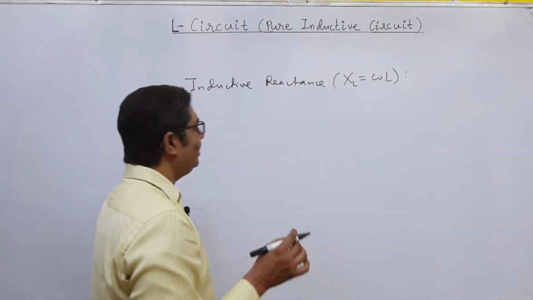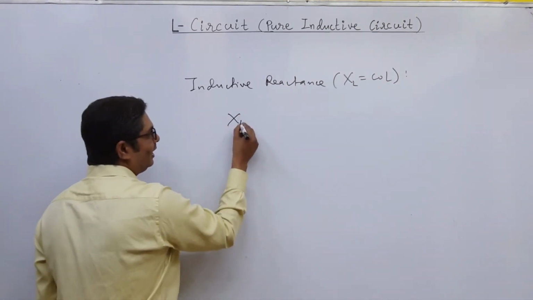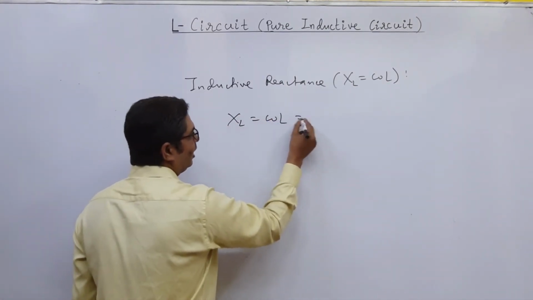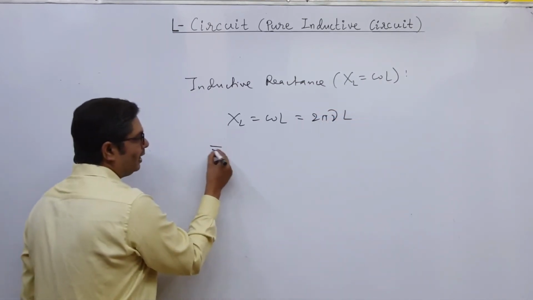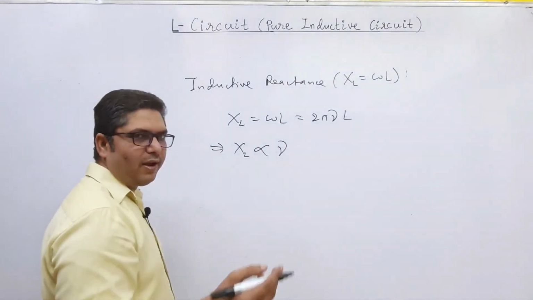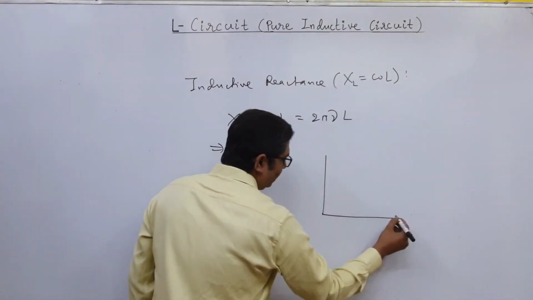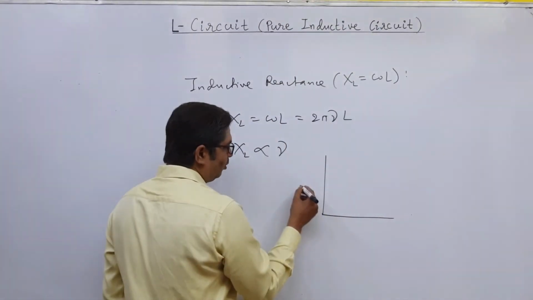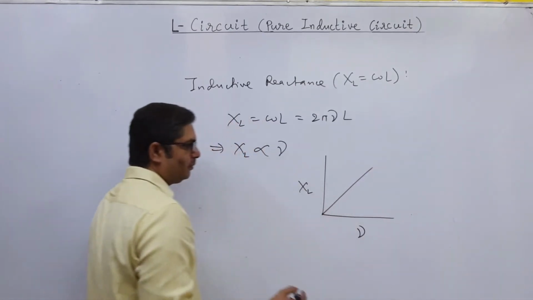Now, inductive reactance is XL equals omega L, and omega is 2 pi nu, so XL equals 2 pi nu L. From here it is clear that XL is proportional to nu. So if I have to draw the graph of XL versus nu, I put XL here and nu here, then the graph is a straight line.